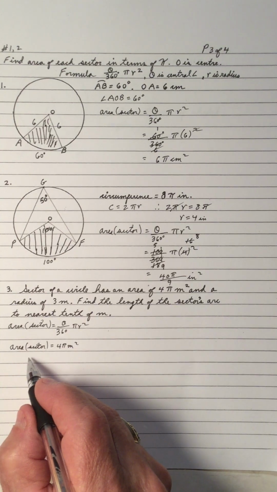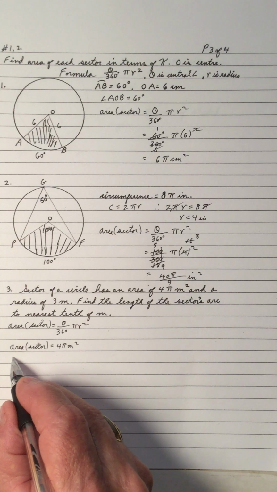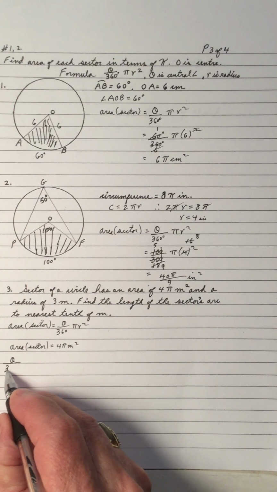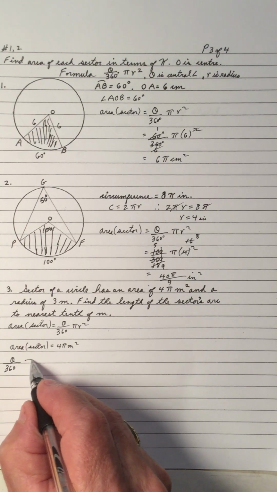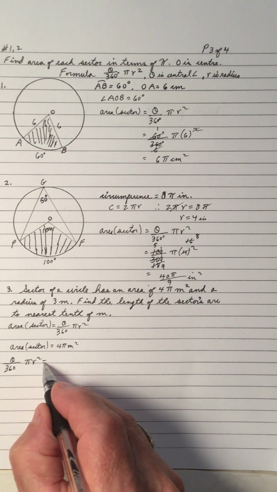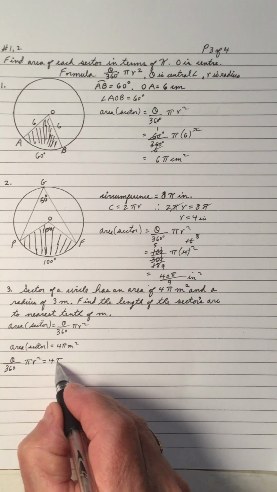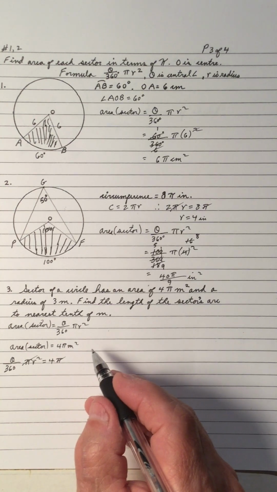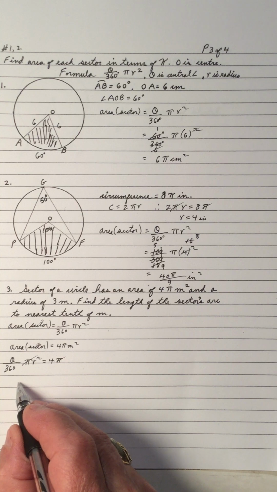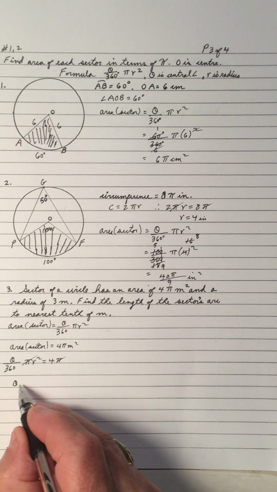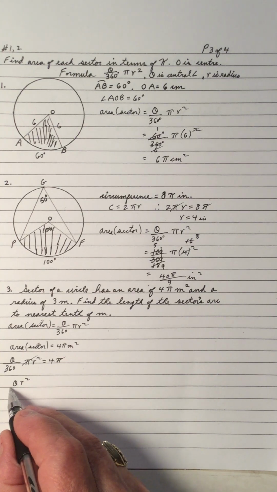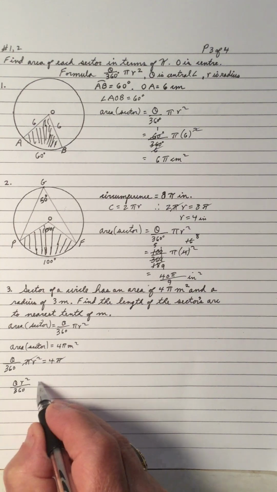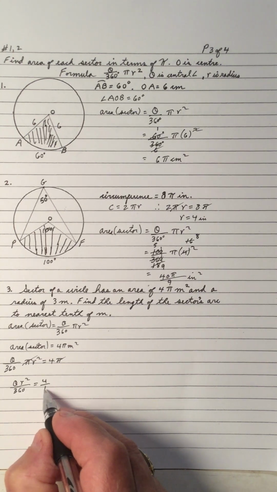So that means theta over 360 degrees times pi r squared is equal to 4 pi. The pi's cancel out, and we have theta r squared over 360 equals 4 over 1.